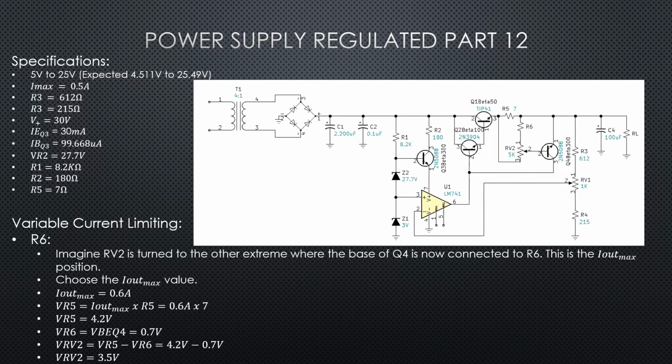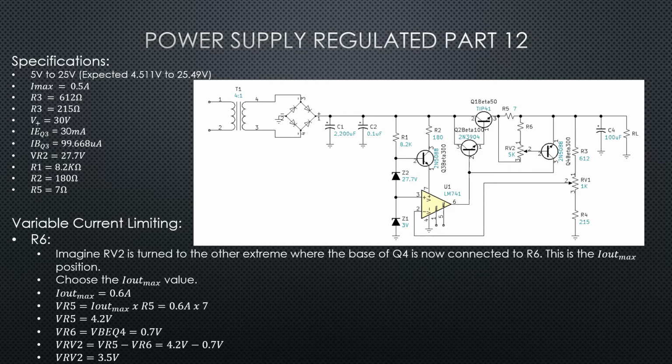That is going to represent our I out max position. Before, we've always chosen for this example 0.5 amps for our max current. That's where we want to be able to physically operate. So we want to choose an I out max, a regulation current, above that. Like we did in the previous one, let's give ourselves a little bit of padding and choose an I out max of 0.6 amps.